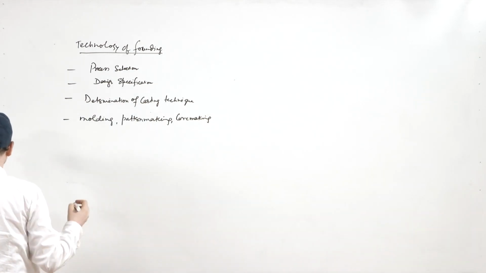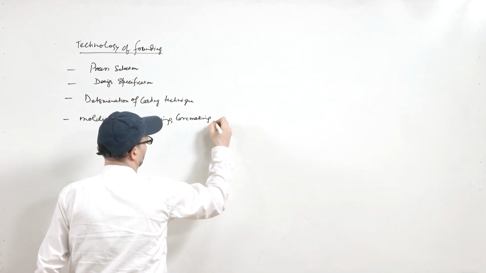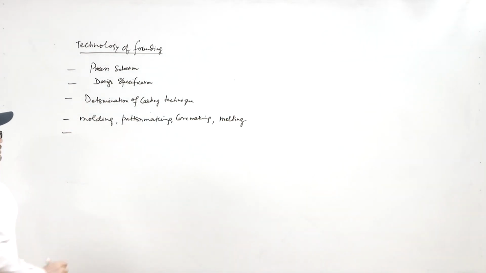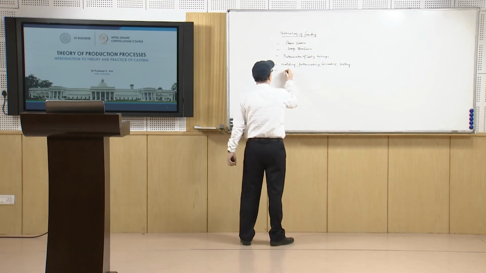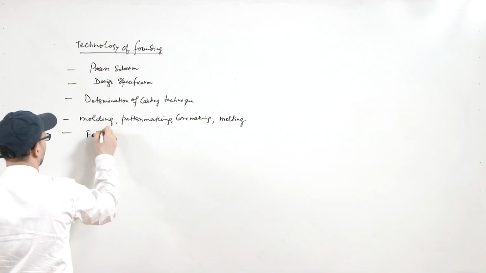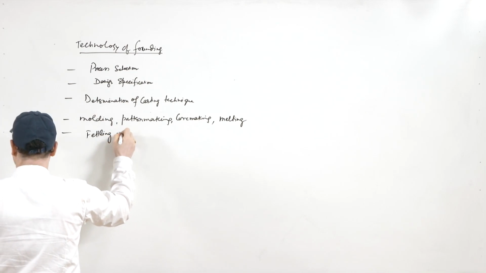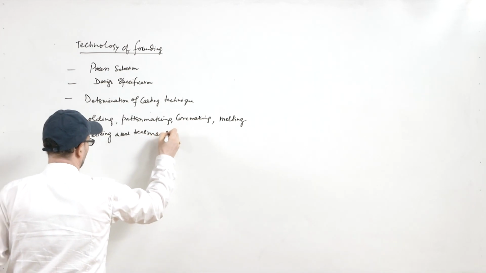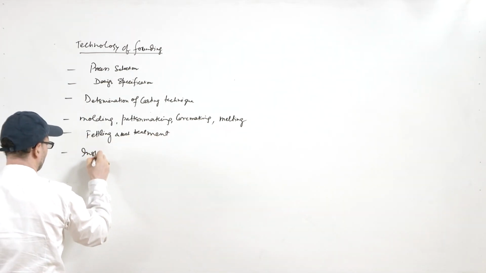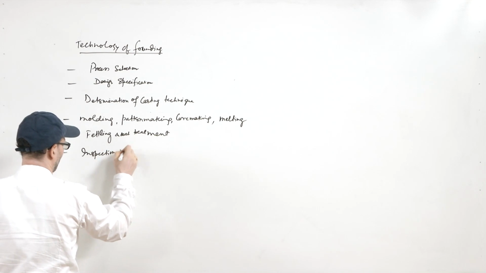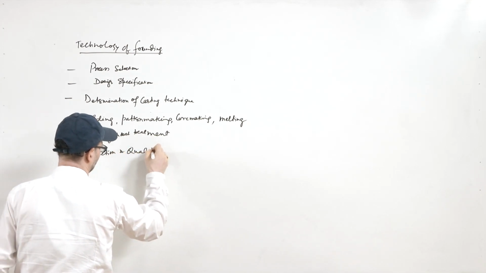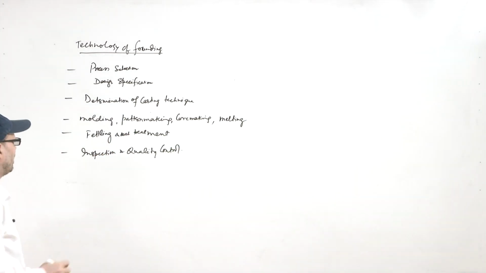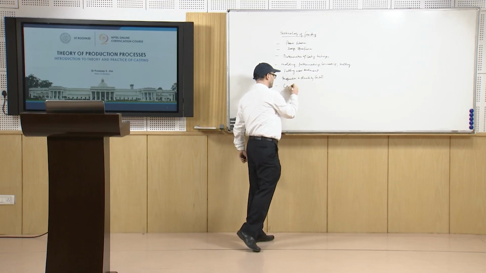Then you also have the melting units. After that you have the product ready, then you go for fettling and heat treatment, inspection and quality control.